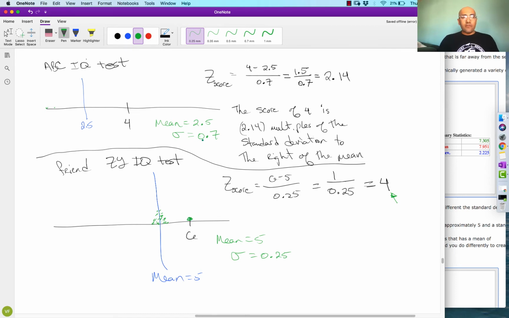On the other hand, this one is a little bit more spread out than that one, right? A 0.7 is a bigger value than that. Remember, the standard deviation is attempting to describe the mean absolute difference, MAD. It's a measure of how spread out the data is. So the mean is 2.5. 4 is a rare value, but it's not the most rare value.